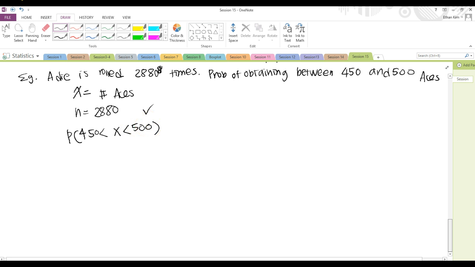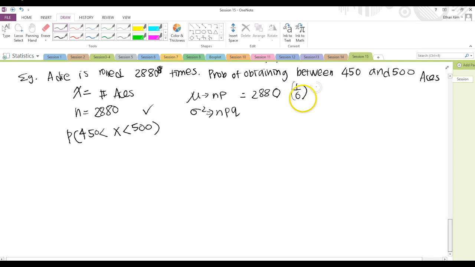Using the normal approximation, we know that we can replace mu with n times p, and sigma square with npq. What's the probability of getting an ace? Well, there are 6 sides, and ace is just one of them, so it's 1 out of 6.